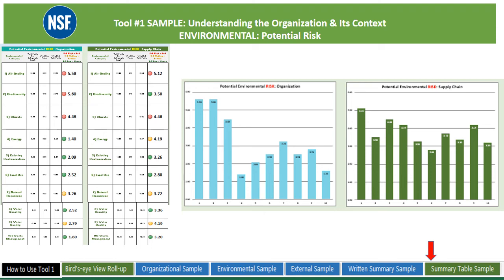The blue is for potential risk for the organization, and the green is the potential risk for the supply chain. Also, in this instance, dots are used to help you compare potential risk. High risk is indicated in red, medium risk is in yellow, and low risk is in green. Again, these are indicators for you to further research and evaluate.